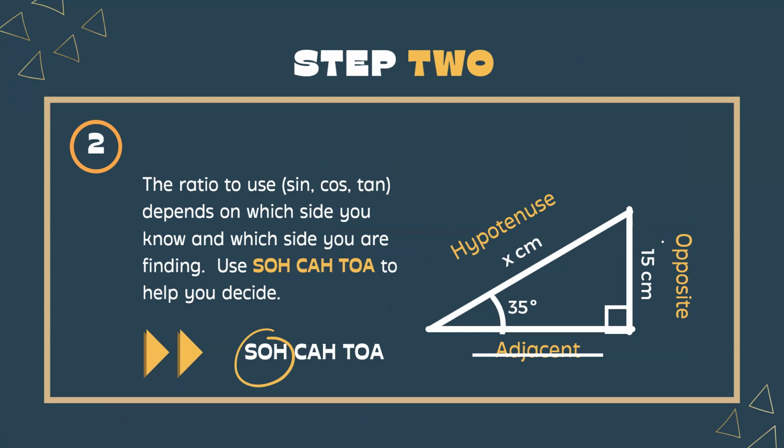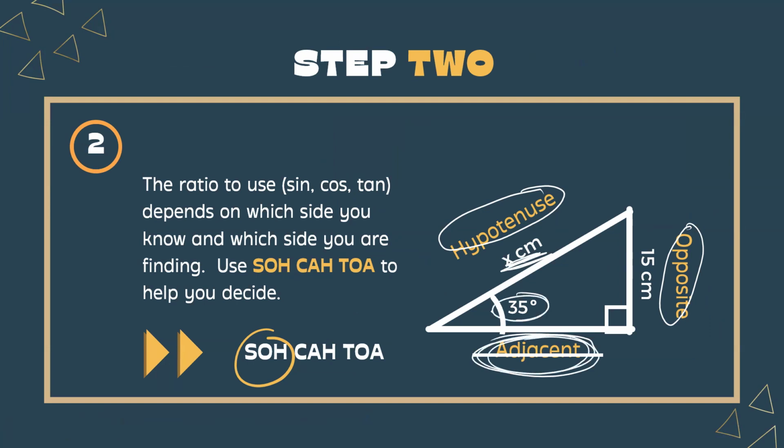So for example, if you're given the opposite side and the hypotenuse and you do not have the adjacent side of the angle theta, then you might infer that the best trigonometric ratio to apply is SO, meaning because we have the opposite side and the hypotenuse, we can use the sine ratio. Is that clear? All right, very good.